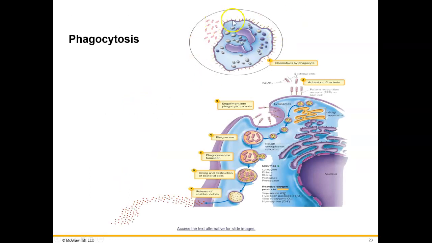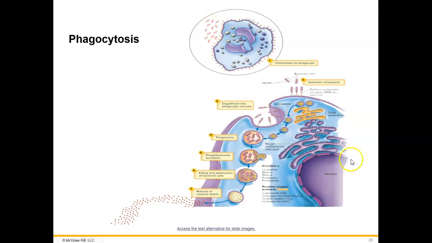So this circle above is showing you everything that's going on. In purple is the membrane that's surrounding the eukaryotic cell, and then we've got these rod-shaped pink bacteria here. So if this is our phagocyte, and this is our foreign pathogen that we want to get rid of.